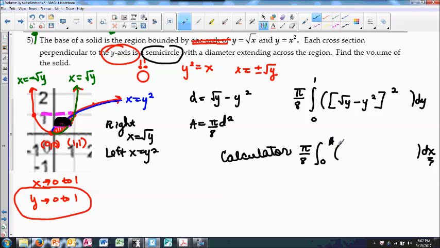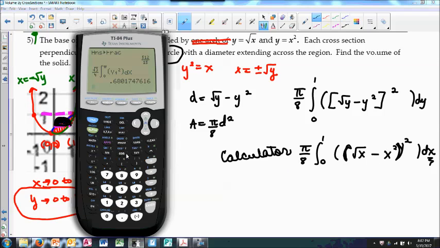Okay, so remember, you're going to get a parentheses automatically for the integration symbol. So that means you're going to have to put your own parentheses in. You'll get the square root of x minus x squared. You have to remember to close that and square the whole thing so that you have your f minus g squared. So my pi over 8, I'm going to do alpha f1 to get the fraction. Pi over 8, math, 9, 0 to 1.